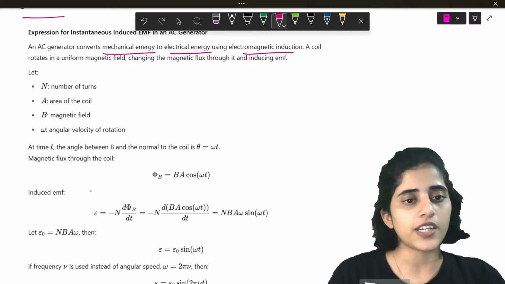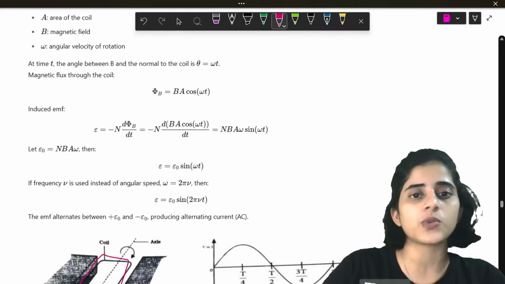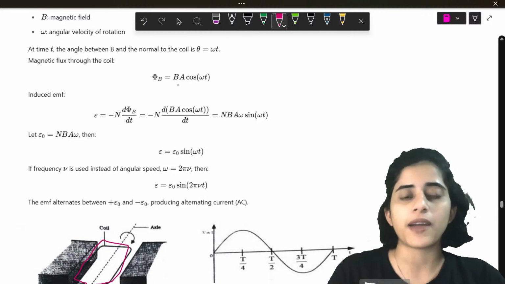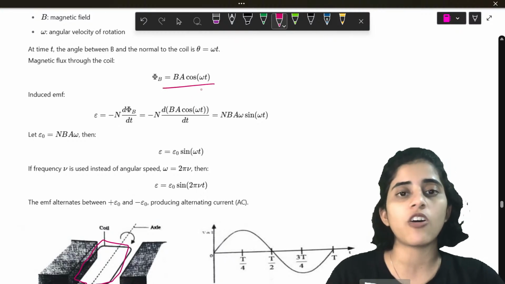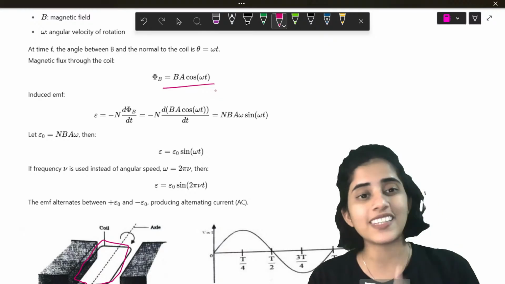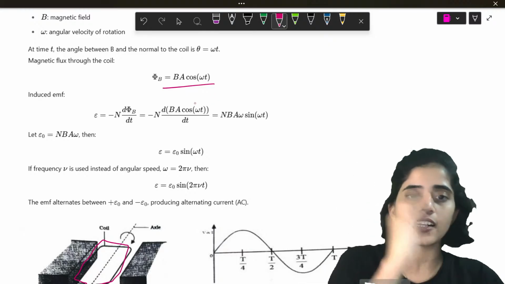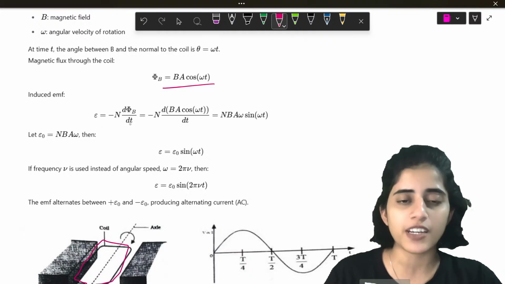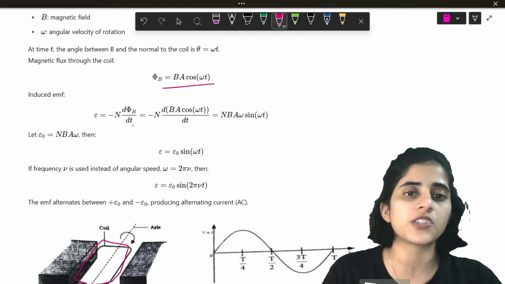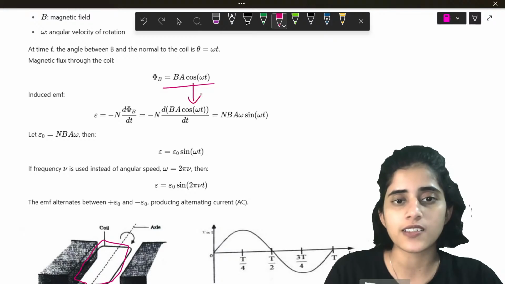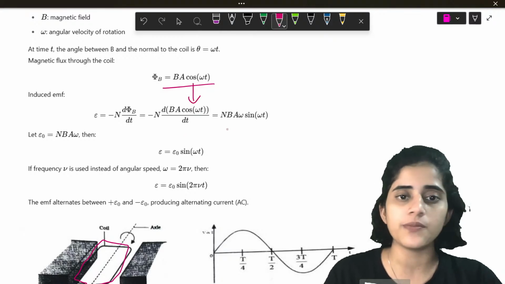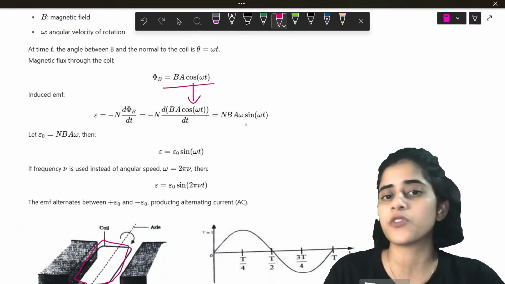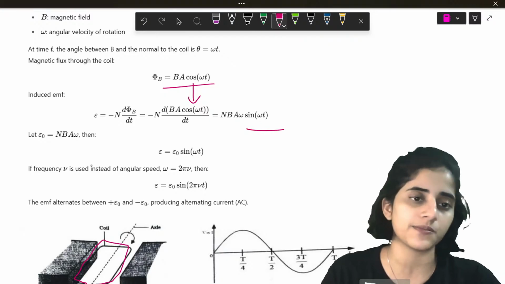So the coil is rotating. When the coil rotates, the magnetic flux becomes BA cos omega t. Theta is omega t, the angle by which it is rotating. So E is equal to d phi by dt. You substitute phi as NBA cos omega t, and when you differentiate cos omega t, it becomes sin omega t.